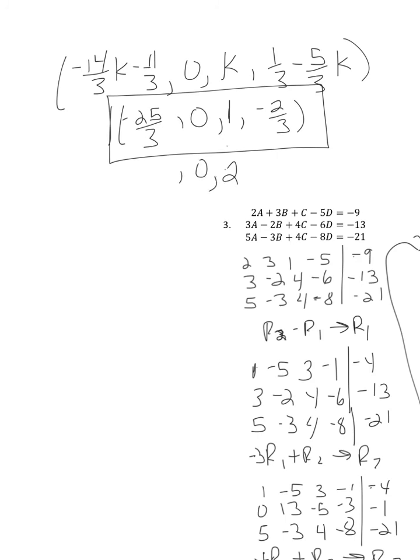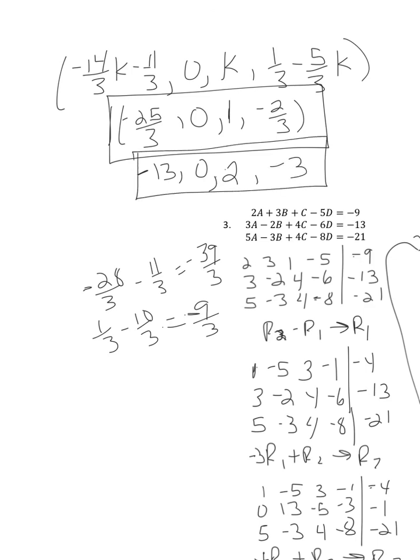If I stick a 2 right here, that would be negative 28 thirds minus 11 thirds. That's negative 39 thirds, which is negative 13. And then if I stick a 2 right here, that would be 1 third minus 10 thirds. Well, 1 third minus 10 thirds is negative 9 thirds, which is negative 3.